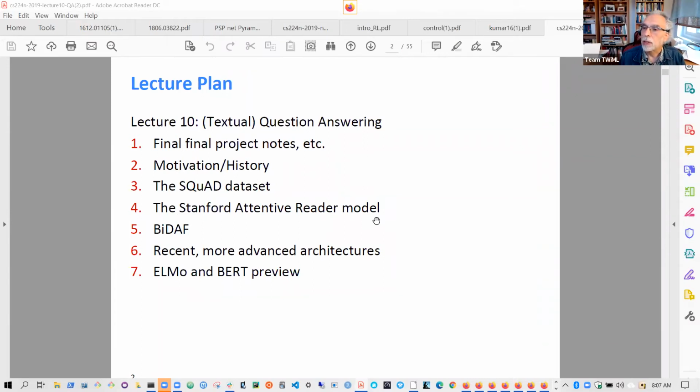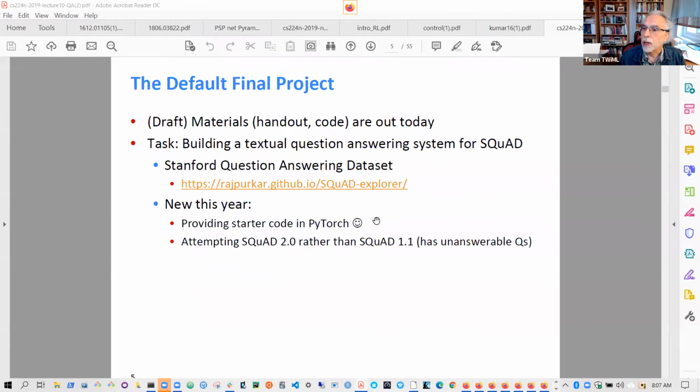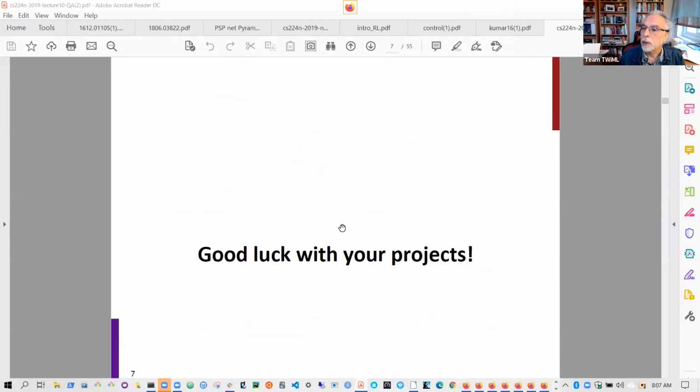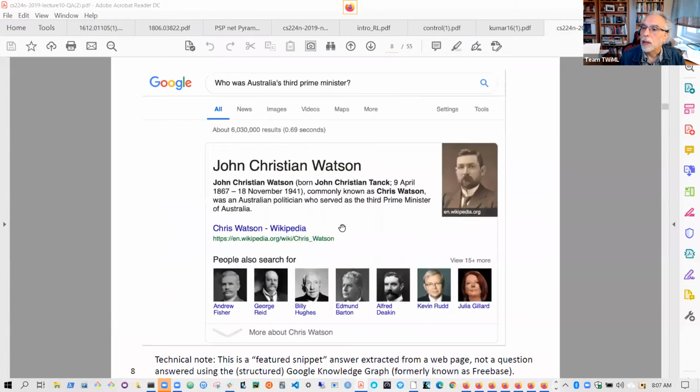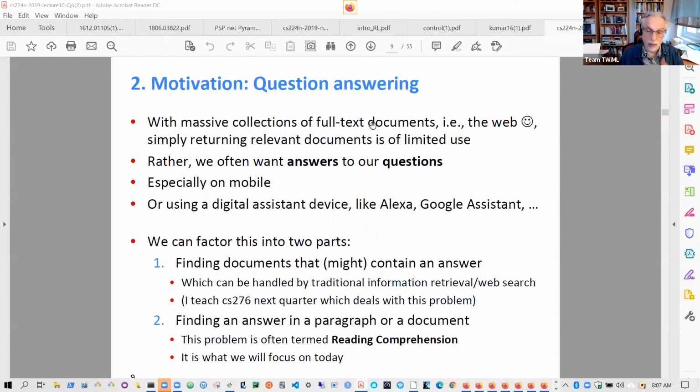So let's get started. Here he talks about the final project. Then he starts talking about question answering. The idea is that if you're interested in some topic, you can build a system that will find the documents related to that topic, but that still gives you a lot of work to do reading those documents.